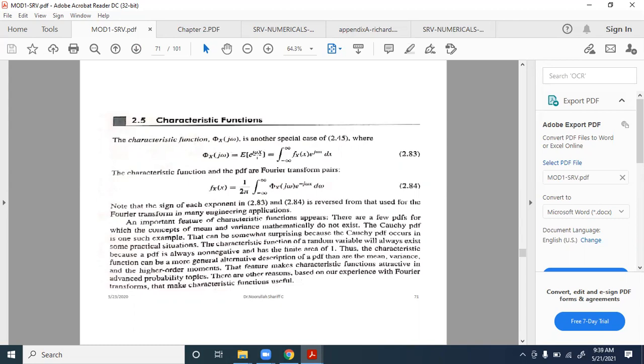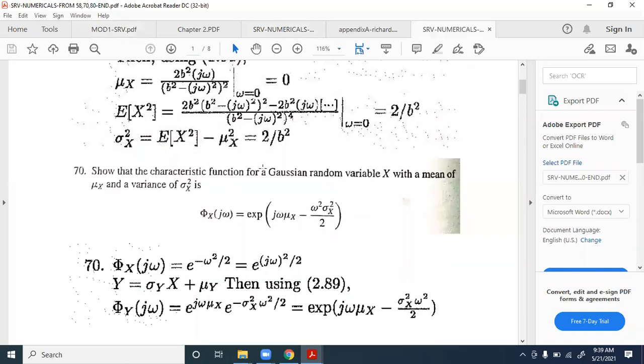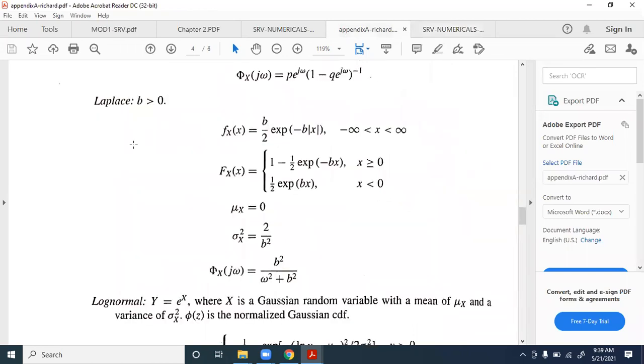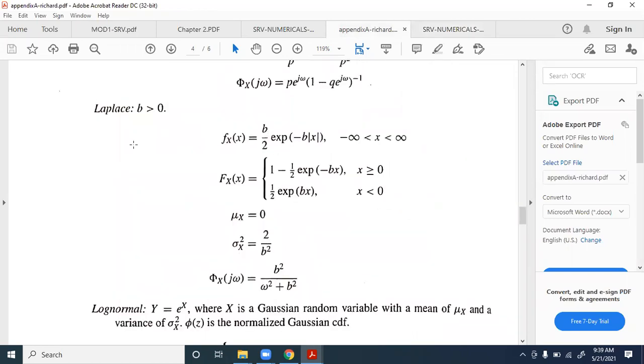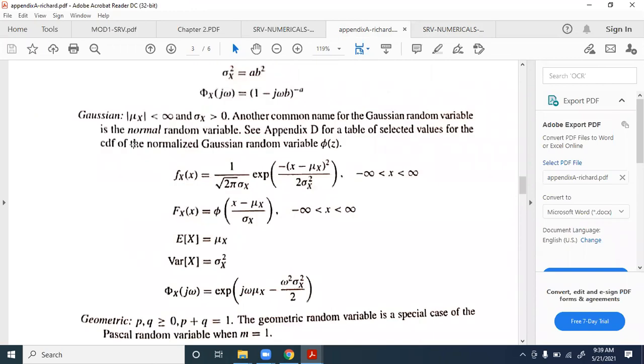If you see the numerical itself over here, we are talking about the Gaussian random variable. And what is the value of the characteristic function for the Gaussian random variable? We can see from the appendix. Here, G will come before L, and therefore we need to go back.